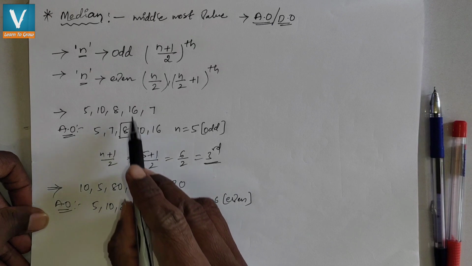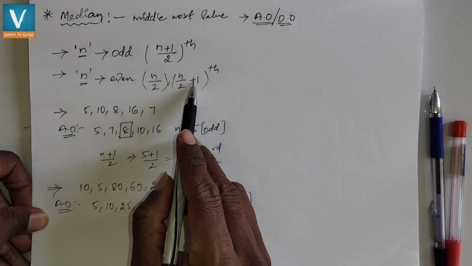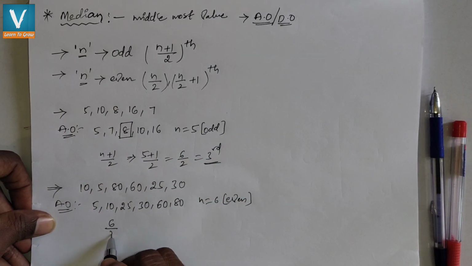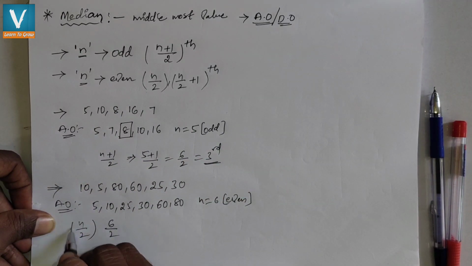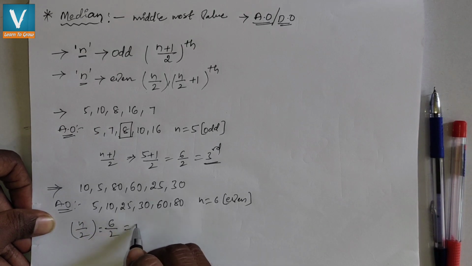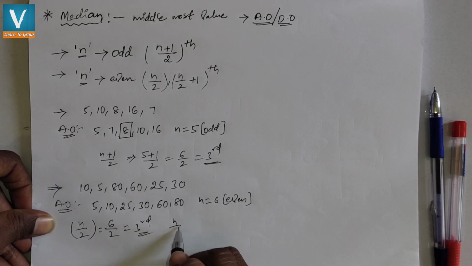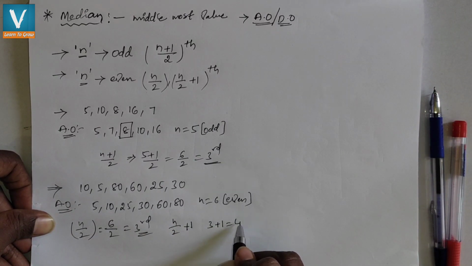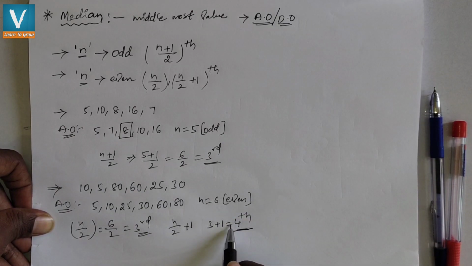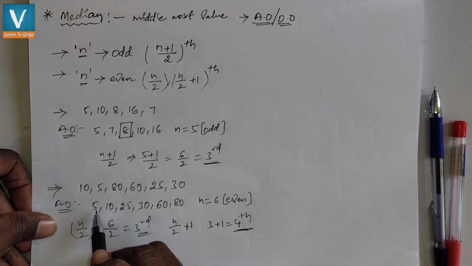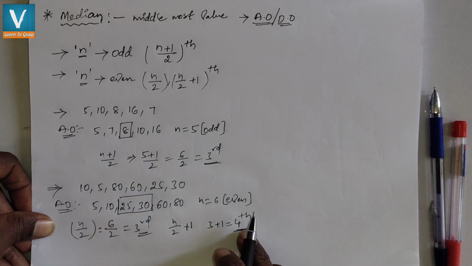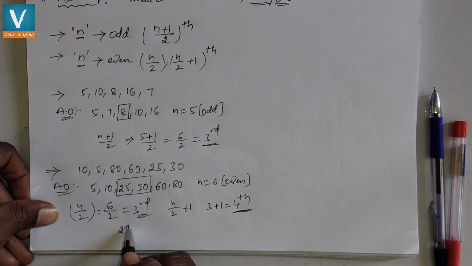For an even number we have the formula n by 2 comma n by 2 plus 1, and then we have to find the average. First n by 2 is 6 by 2, which is 3, so the third observation. Then n by 2 plus 1: n by 2 is 3, so 3 plus 1 is 4. So the third and fourth observations give the median of the data. Checking, 1, 2, 3, 4, we get 25 comma 30.